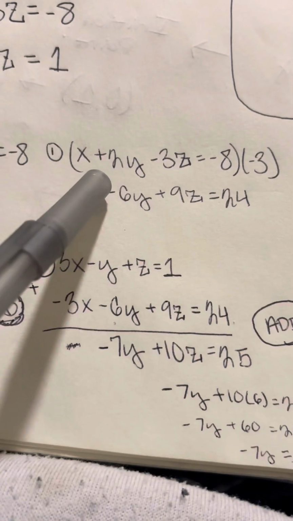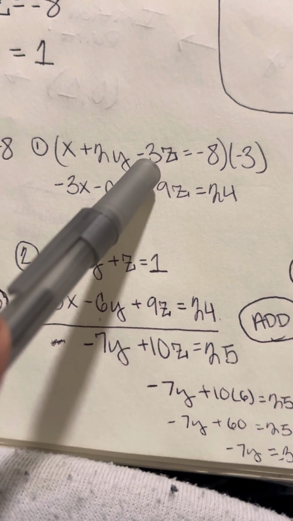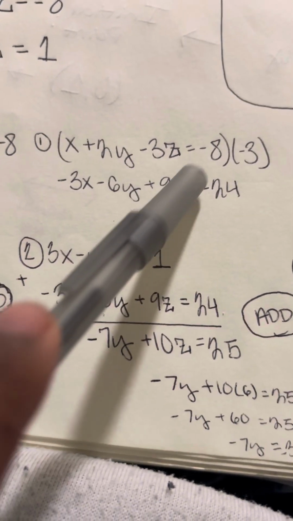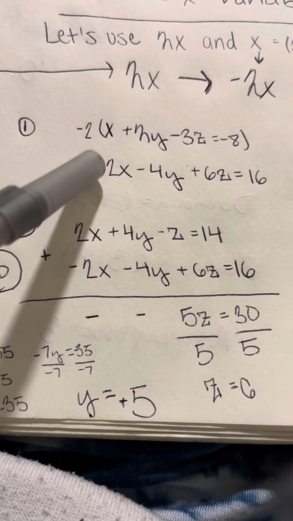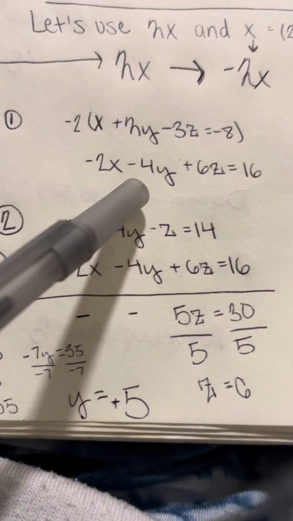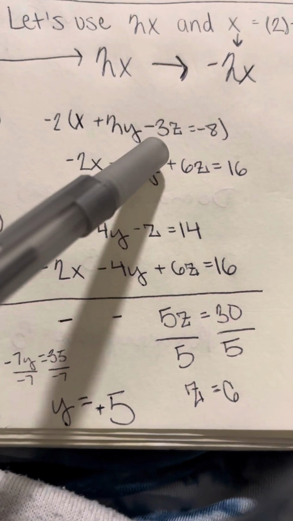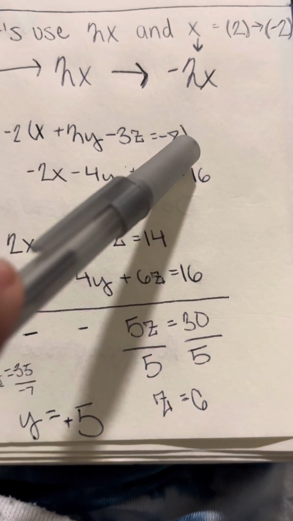We get negative 3 times x times 2y times, and so on and so forth, okay? Same thing over here. We took that negative 2, we said negative 2 times x, negative 2 times 2y, that's how we get negative 4, negative 2 times negative 3z, that's how we got positive 6z, and so on and so forth, okay, with this negative 8 turning into 16.